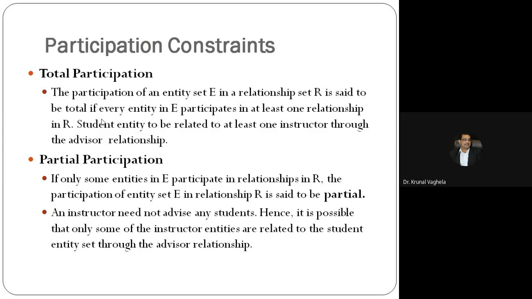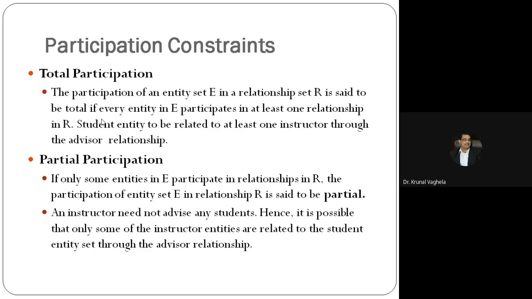Total participation: the participation of an entity set E in the relationship R is said to be total if every entity in E participates in at least one relationship in R. For a student entity to be related to at least one instructor through the advisor relationship set.